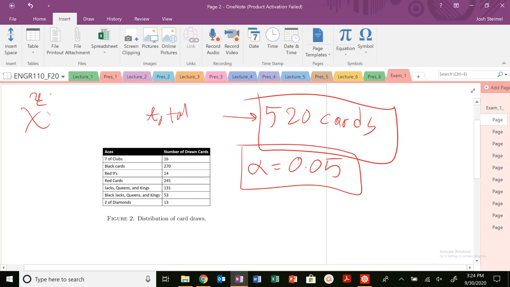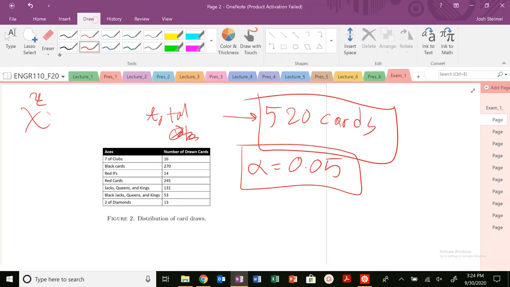It's a chi-square problem. Why? Because these are our observed values, our O sub i. Now we need to figure out our expected values. Once we have those expected values, we can calculate and perform our chi-squared analysis.